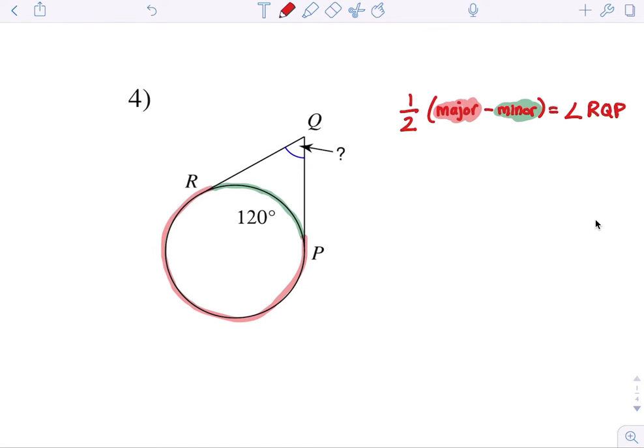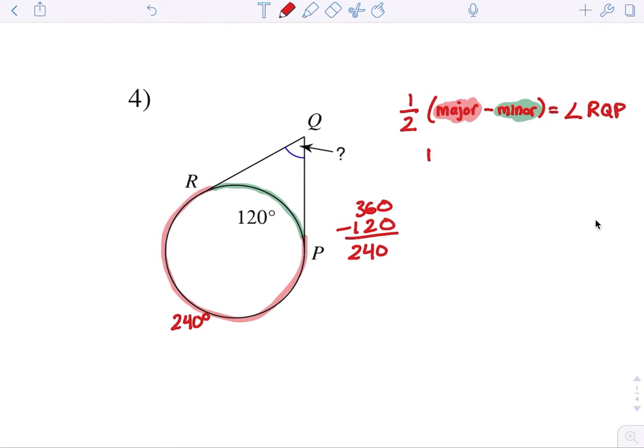Now, we know that the minor arc is 120 degrees. And if we know that a whole circle is 360, then if we do 360 minus the minor arc, we should get the major arc, so 240. This is the information we need to find that angle measurement.